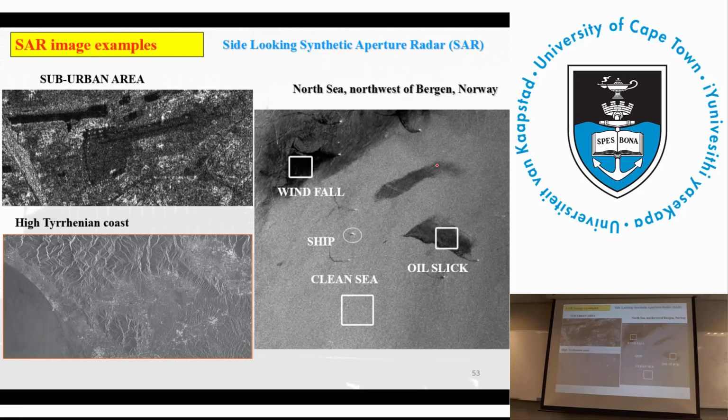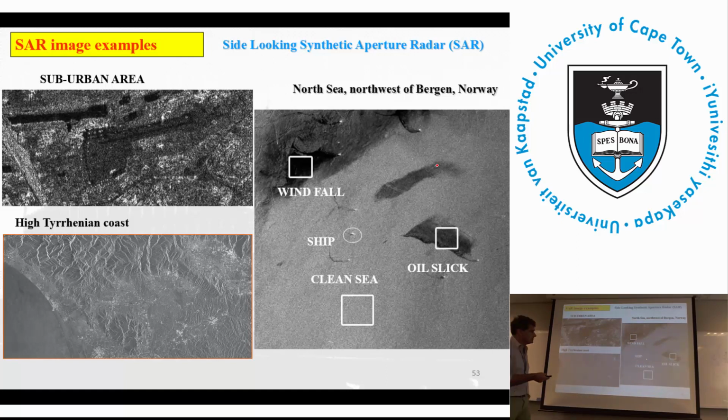You can recognize some features. And this is another SAR image of the ocean, where you can recognize a number of effects. There's a ship here. There's an oil leak here. Some windfalls. And you can pick up a number of features based on the contrast, as I was saying before.